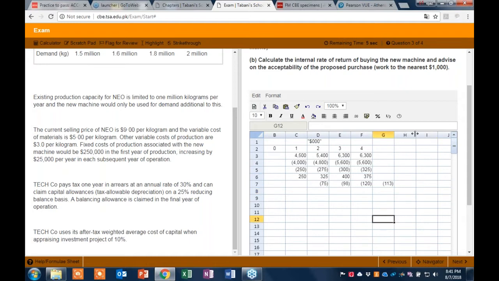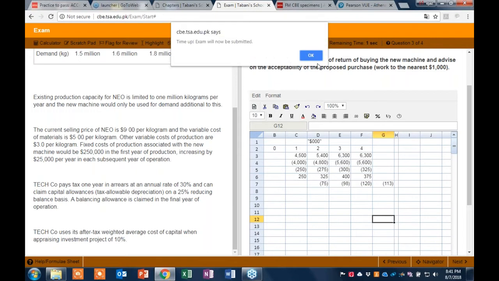Just try to create a section for working. Oh, that's time up. It should not have happened.